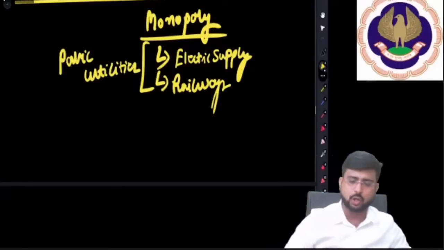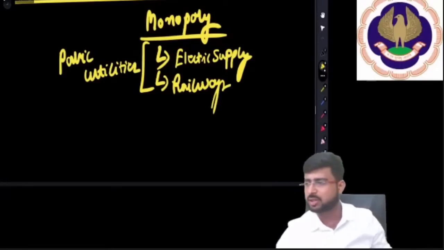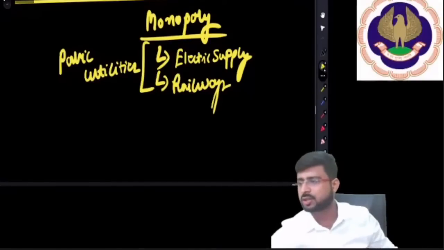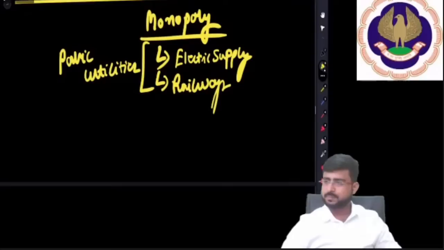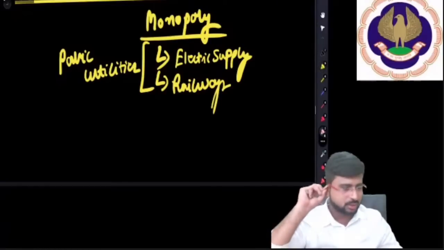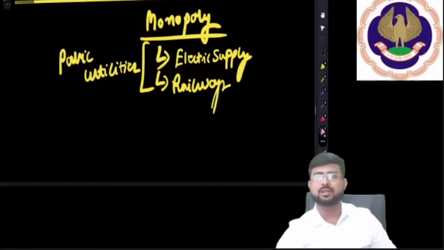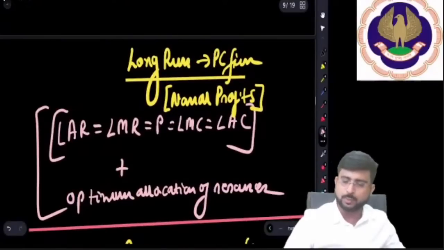So monopoly is the second type of market structure. Moving on. Now friends, please pay attention. Remember that in the long run, the firm will be in equilibrium here.